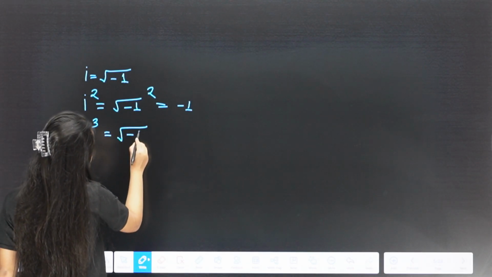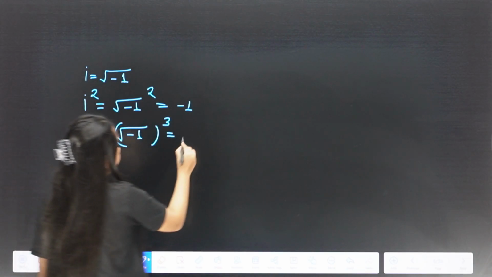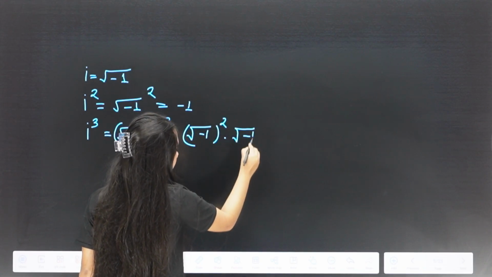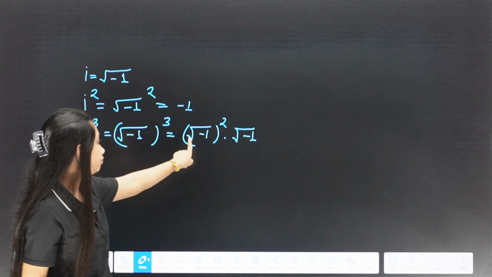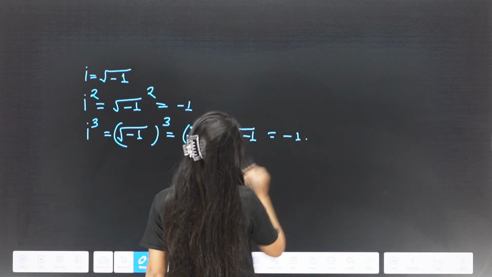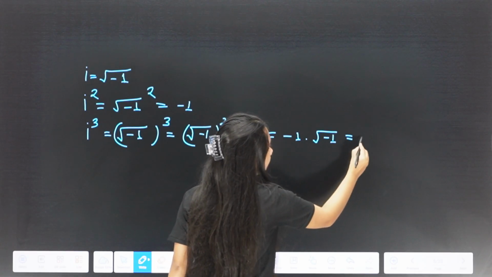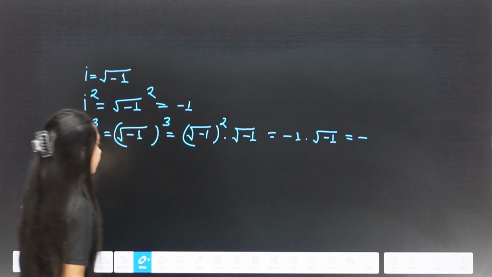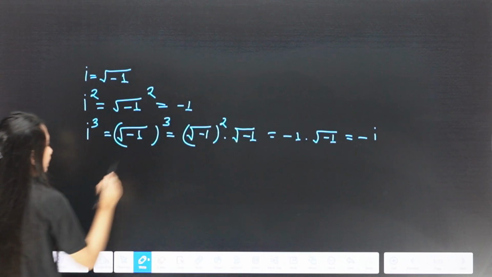That is root minus 1 whole cube, and we can write it as minus 1 whole square into root minus 1, and from here we get the value of i square, that is minus 1 into root minus 1, and in place of root minus 1 we can write i. So minus i. So i cube is equal to minus i.